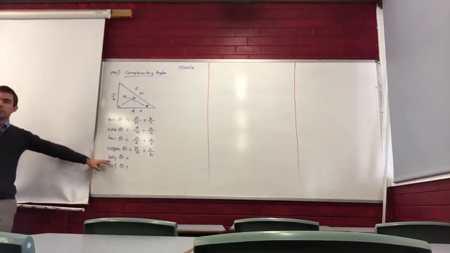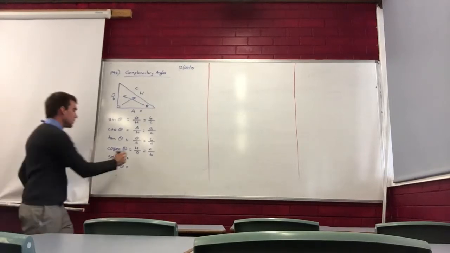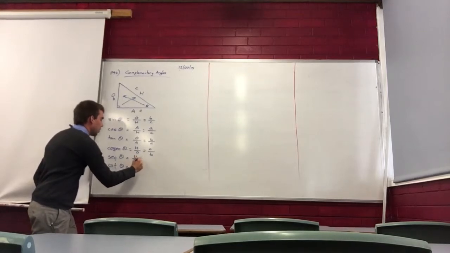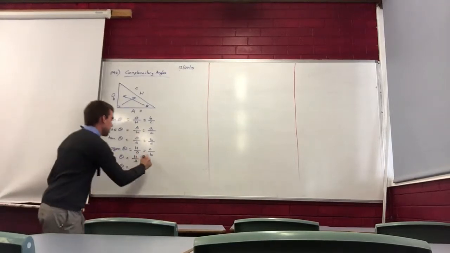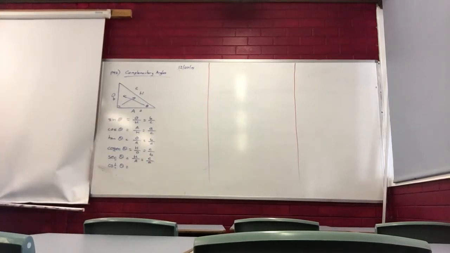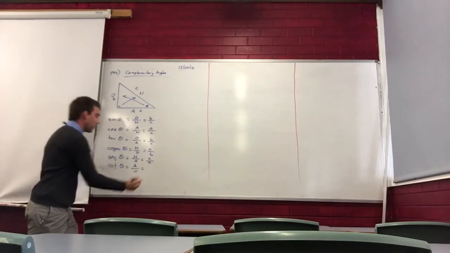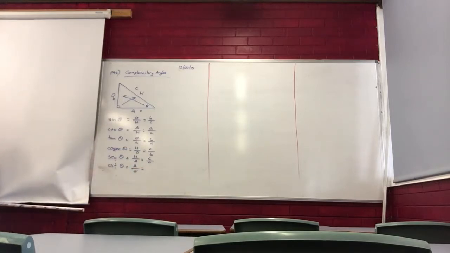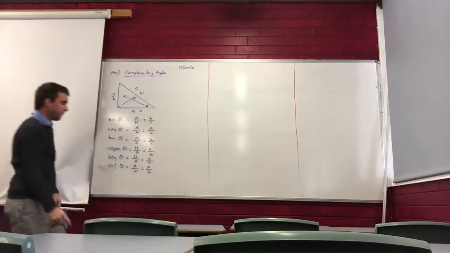For sec, which is short for secant, C is the third letter, so that's referring to cos. Normally cos is adjacent over hypotenuse. When you take the reciprocal, you get sec, which is hypotenuse over adjacent. We also need to flip that fraction over, C over A. And cot is the reciprocal of tan. Tan is normally opposite over adjacent, so we need adjacent over opposite for cot, and we flip this fraction over, so we get A over B.